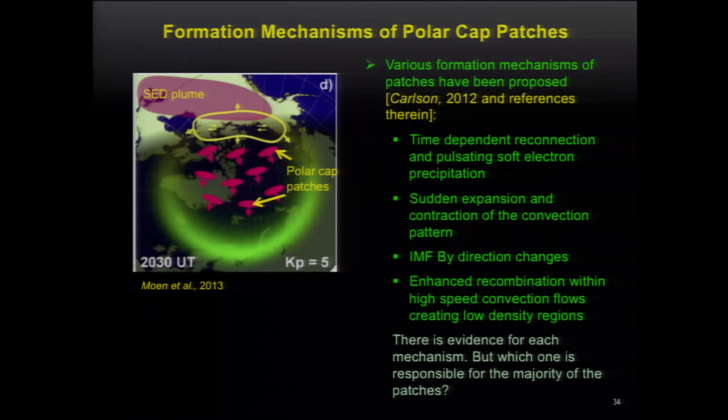The second one, sudden expansion and contracting of the convection pattern, IMF By direction changes. Those two emphasize the sudden change in the convection direction. The last one, but not the least, is the enhanced recombination within a high-speed convection flow, creating low-density regions. So this mechanism emphasizes the low-density region in between those high-density patches.